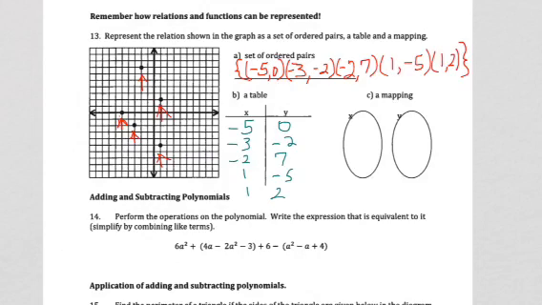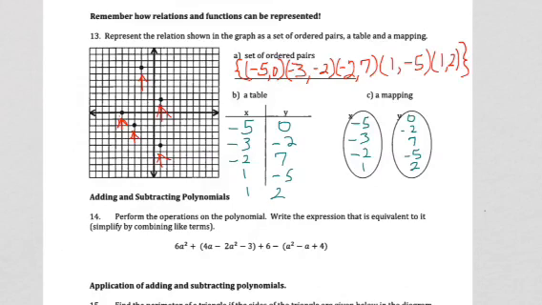Then looking at the mapping, we have -5, -3, -2, and 1. We don't have to do the repeat on the mapping. Then on the Y, we have 0, -2, +7, -5, and 2.